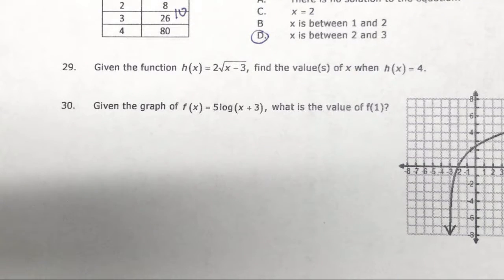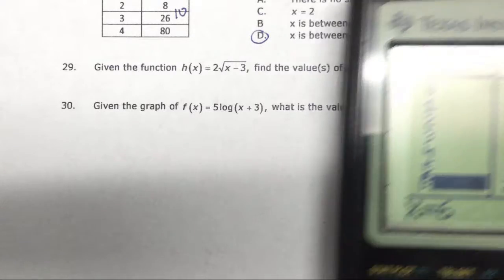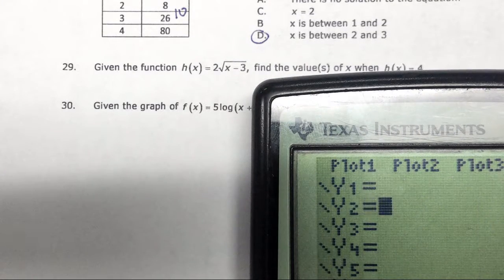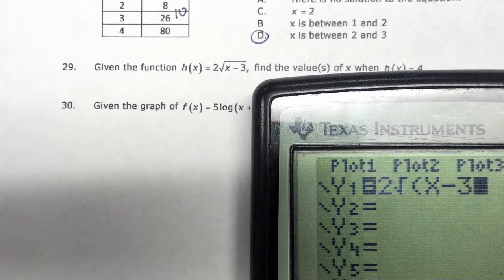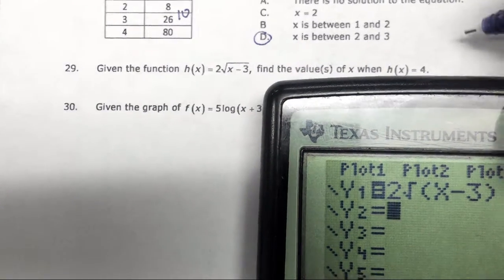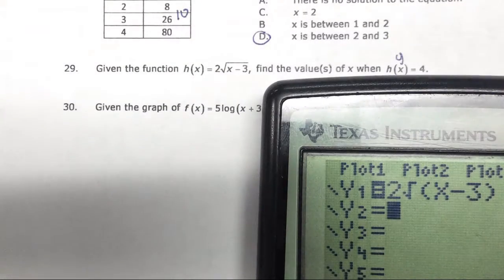29. Given the function h of x equals 2 square root x minus 3, find the values of x when h of x equals 4. Let's use our handy dandy calculator. 2 square root x minus 3, and again h of x is outside the parentheses, so that's going to be a y.